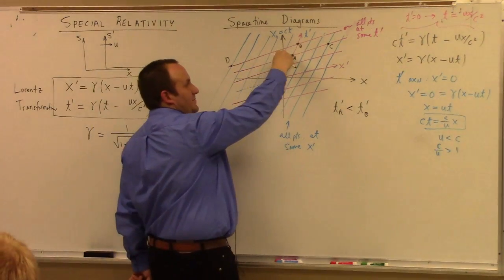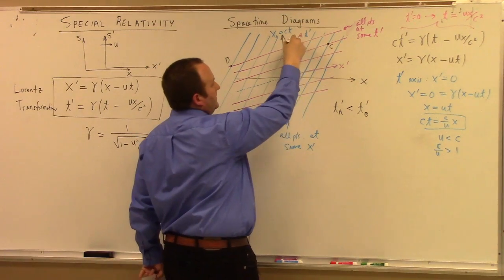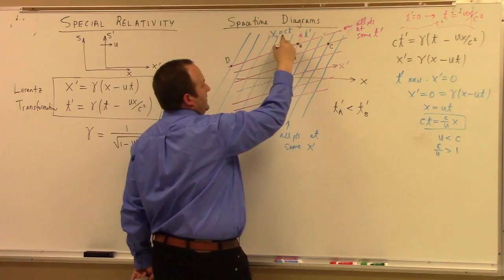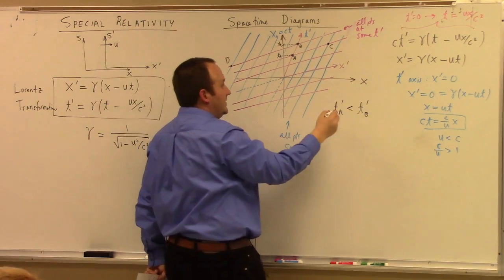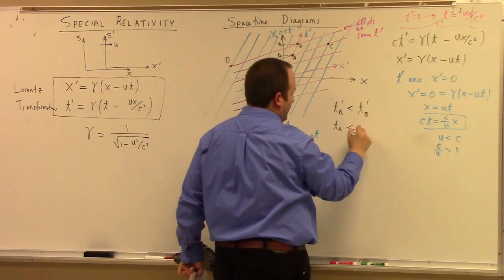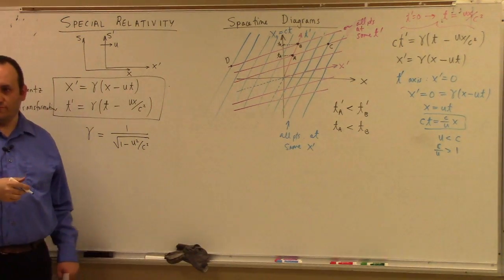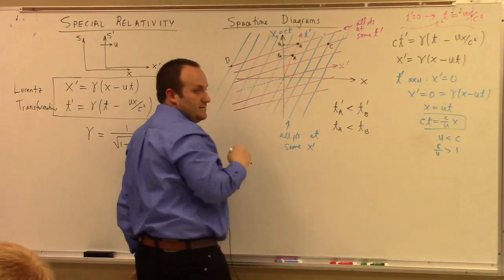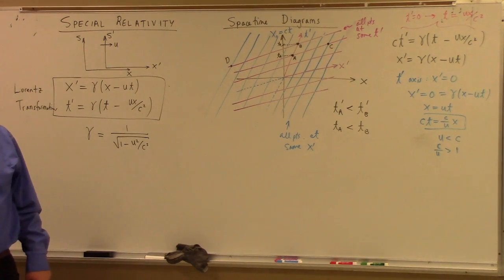I mean, this time is before that time in the prime time axis. So like here is TB, and here's TA, and you can also agree that TA is less than TB. That's good, right? If event A comes before event B in the prime frame, then event A should come before event B in the unprime frame, right?